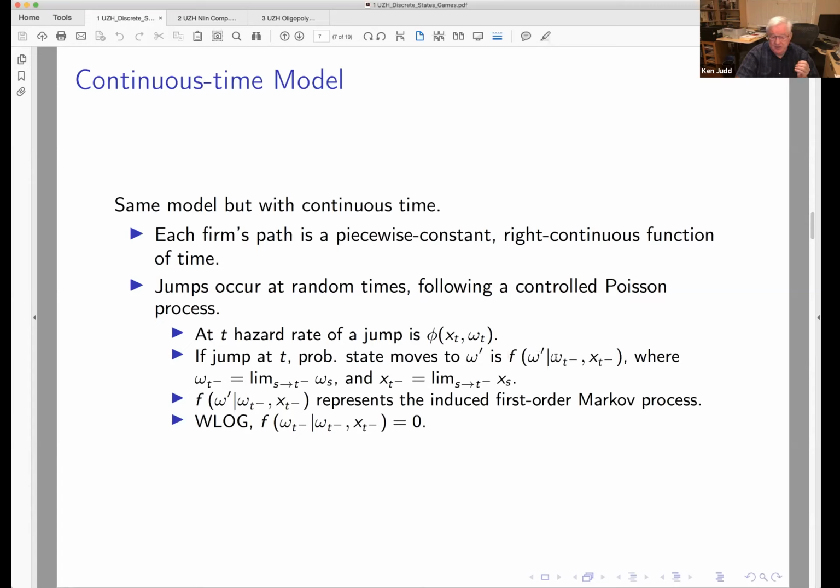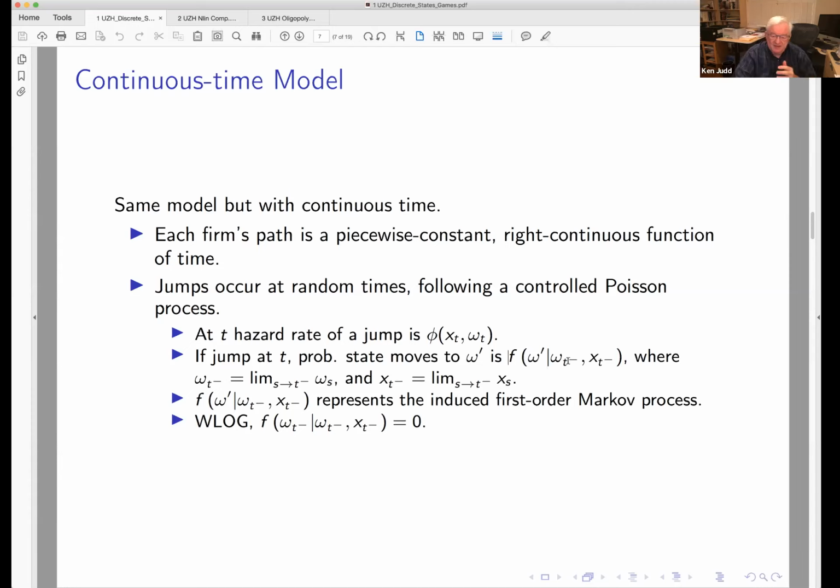This notation basically says this is a density of where you are at time t if the most recent state was omega sub t minus. The problem here is that we can't say we're at time t and ask what was the previous state. The previous state doesn't exist. It's a real line.